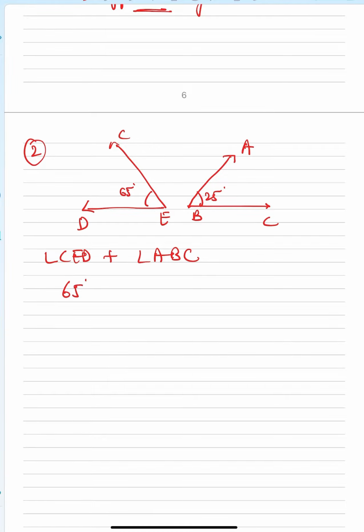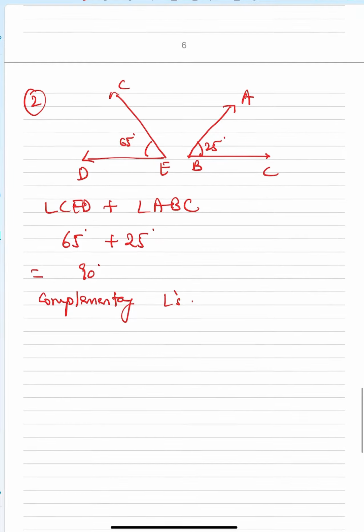This is 65 plus 25. This will be 90. Hence they are complementary angles. Yes, they are complementary angles because the measure adds up to 90 degrees. So both the angles are complementary angles. Correct.